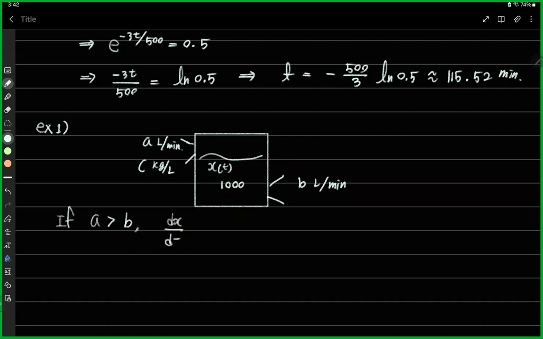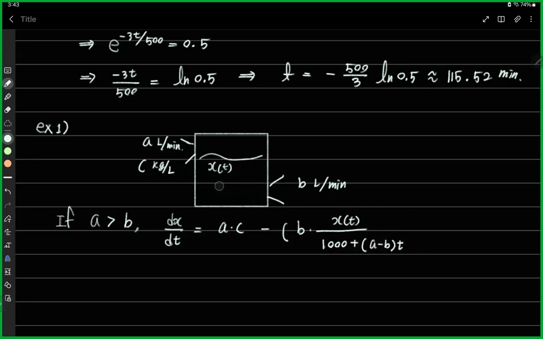Then dx over dt is equal to A times C, that's the input rate in, minus B times the concentration, which is not just x over 1,000 but x over 1,000 plus A minus B times t, isn't it?